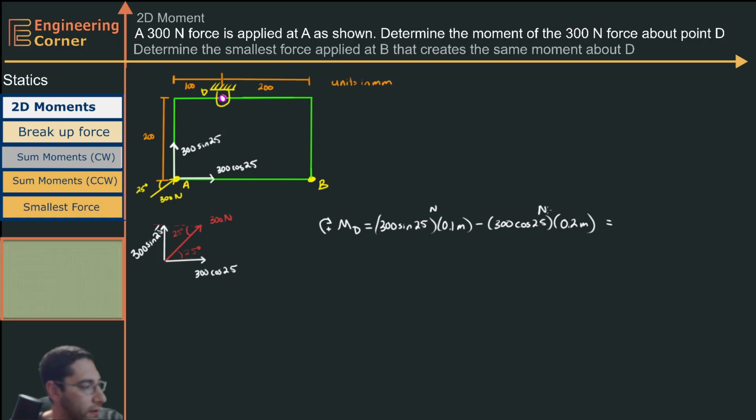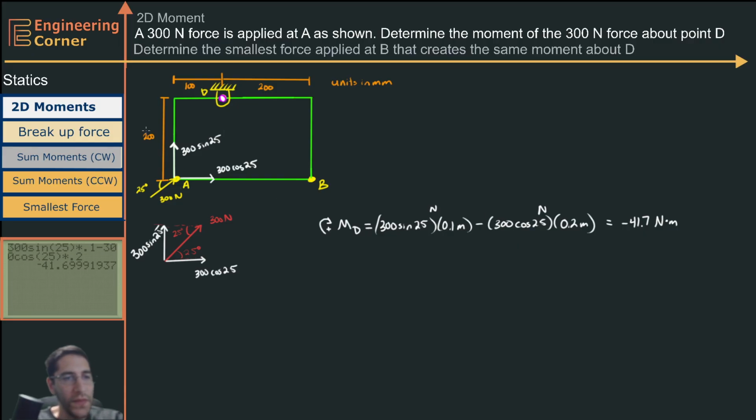So my total moment is, I just need to get the calculator out. 300 times the sine of 25 times 0.1 minus 300 times the cosine of 25 times 0.2. And we get this is equal to minus 41.7 Newton meters.